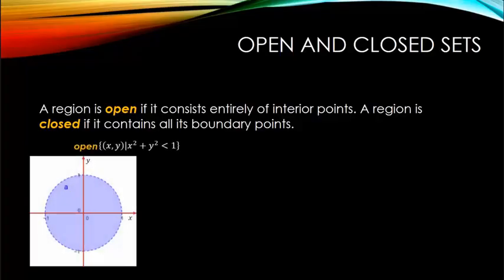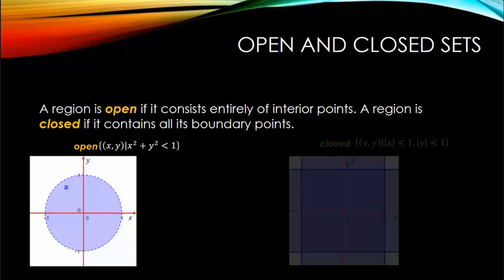So an open region might look like the set of all xy such that x squared plus y squared is less than 1. This in xy space graphs as a circle centered at the origin, but the boundary of the circle is not included because it's a strict inequality, so I have to graph it with a dotted line.